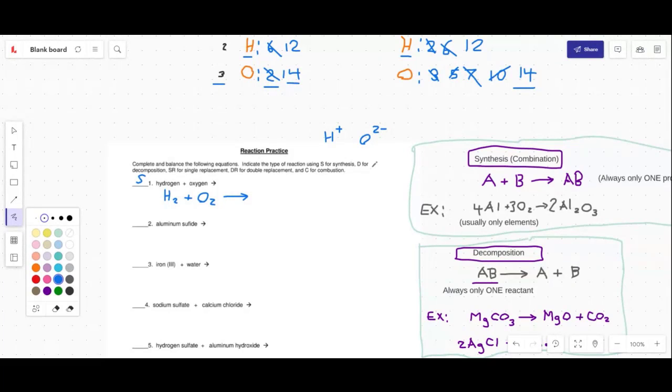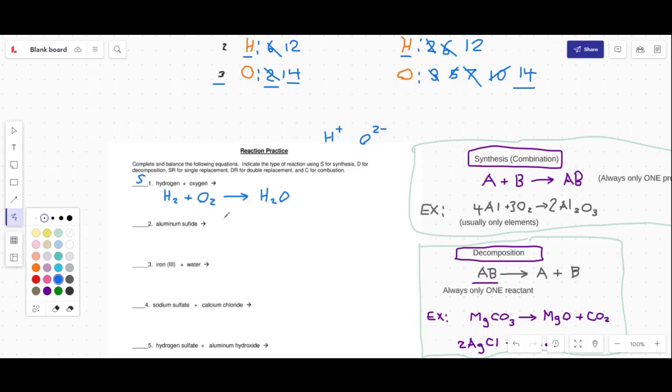So if hydrogen's a +1 and oxygen's a 2 minus, what's the formula for our product? A very familiar formula. H2O. There you go. It's water. And then you could go ahead and balance it from there.